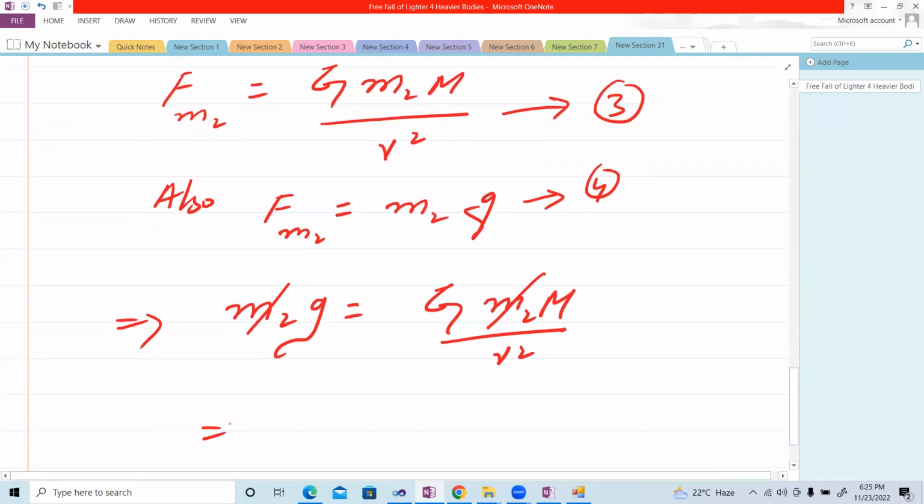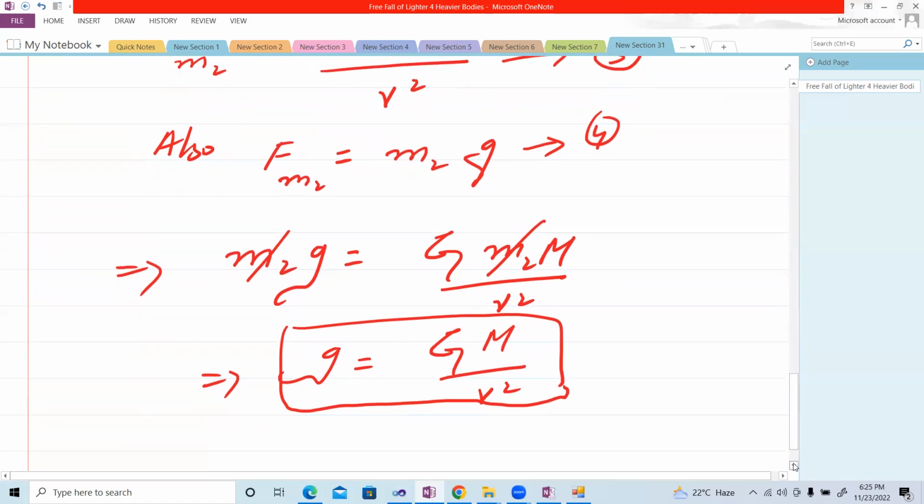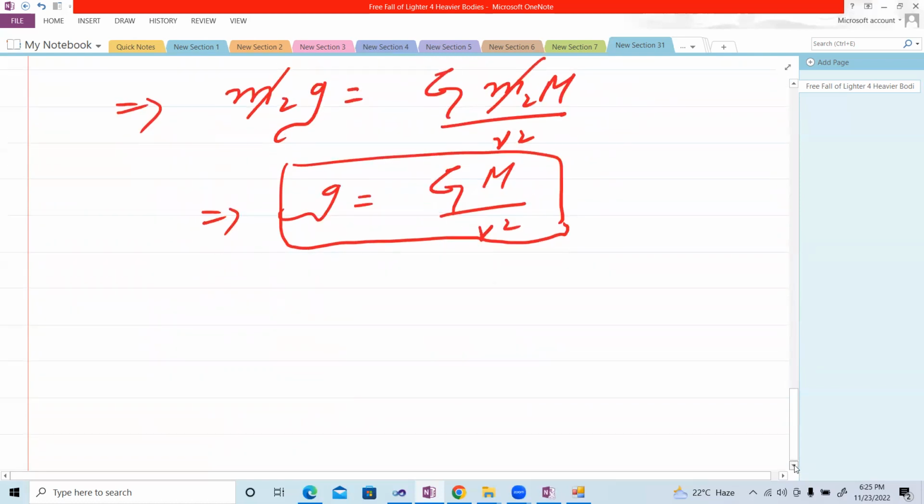This gives us the value of g to be equal to capital G capital M over r squared. And keep in mind here, the distance r is the same distance as in the case of m1. So the centers of m1 and m2 are at the same distance from the center of Earth. In that case, the value of g will be the same.